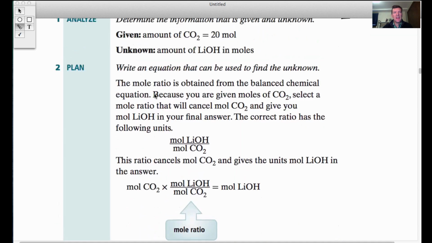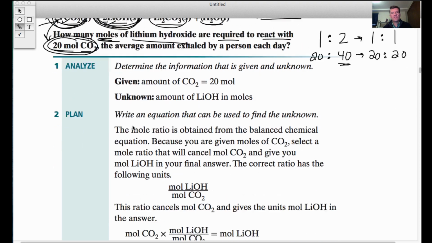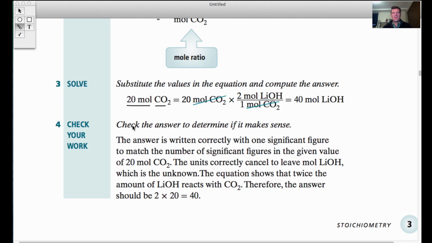And by comparing lithium hydroxide and carbon dioxide, they are in a 1 to 2 ratio, or you might say a 2 to 1 ratio. So I use that ratio to convert. I'm putting 2 moles of lithium hydroxide over 1 mole of carbon dioxide.